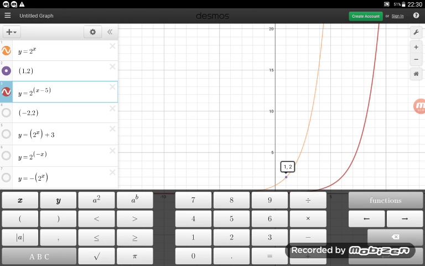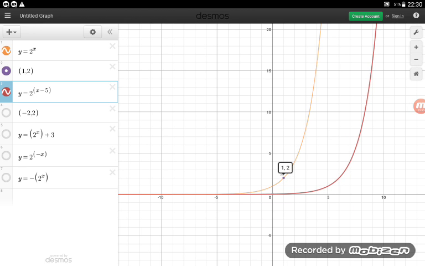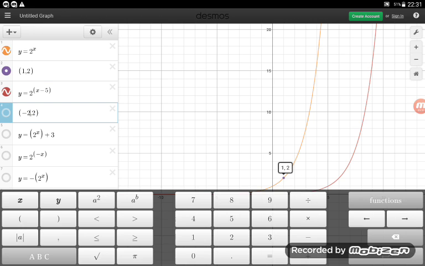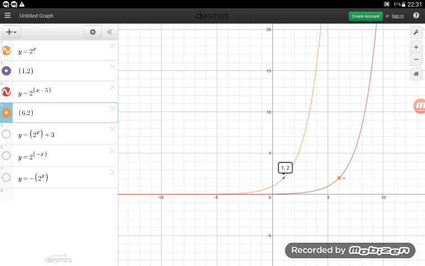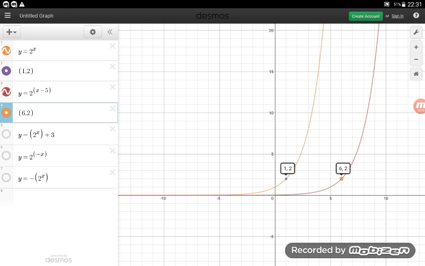And you can see that my graph, from (1, 2), now it's going to be 1, 2, 3, 4, 5, it will be at (6, 2). All right, cool. Now, this is horizontal translation.